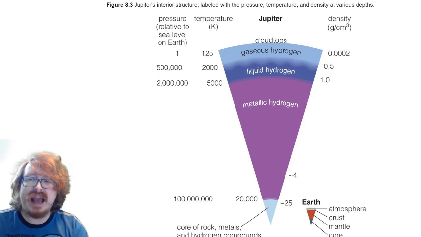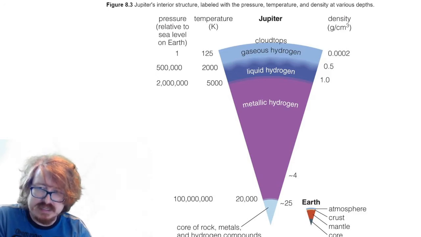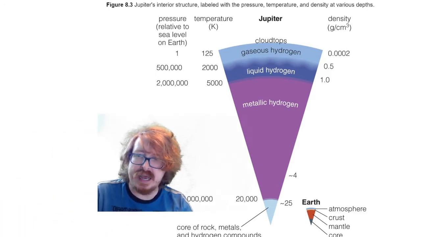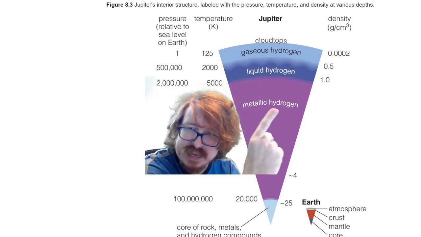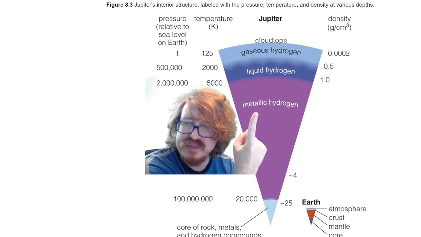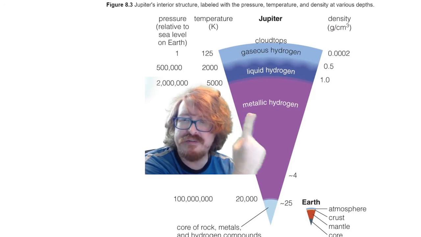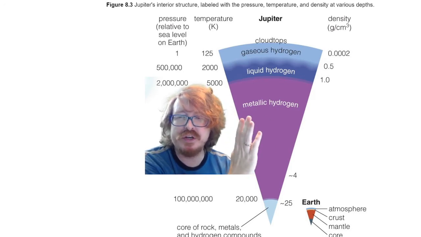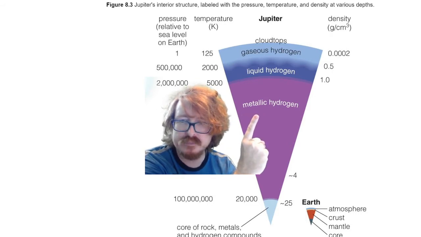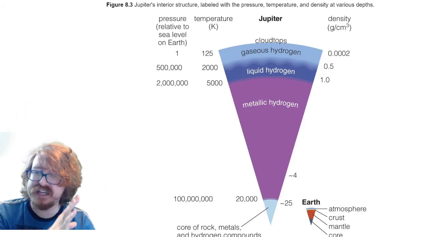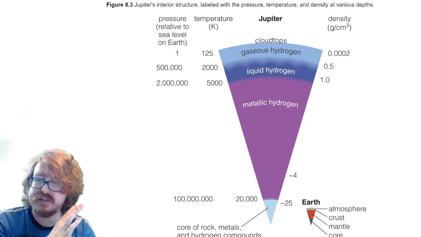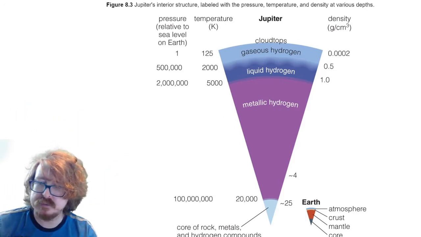So here's how I want to label these layers, okay? Check this out. This one right here, that's labeled metallic hydrogen, this word right here is going to confuse a lot of you guys. Because when you think metallic, do you typically think solid or liquid? When you think of metallic things, do you typically think solid or liquid?